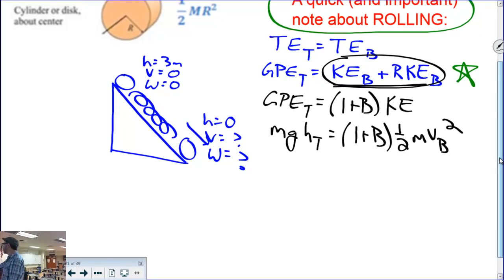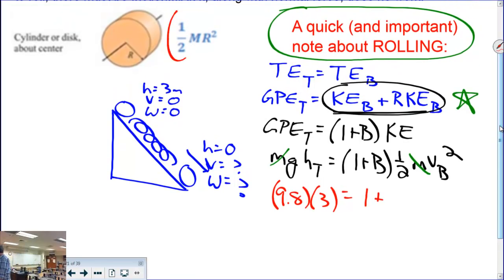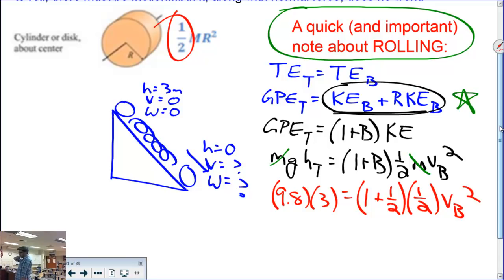The m's cancel out. So g is 9.8, height at the top is 3, 1 plus b is 3/2.